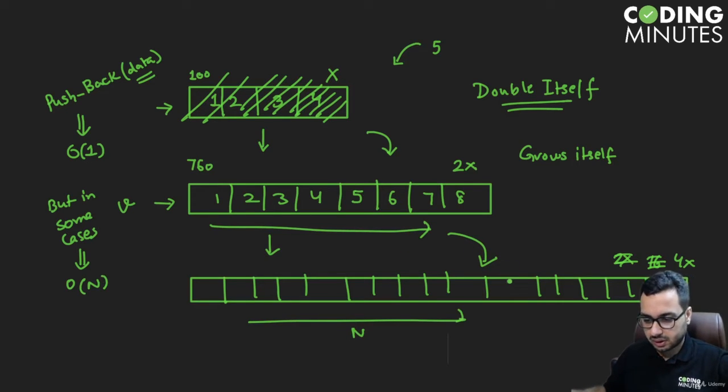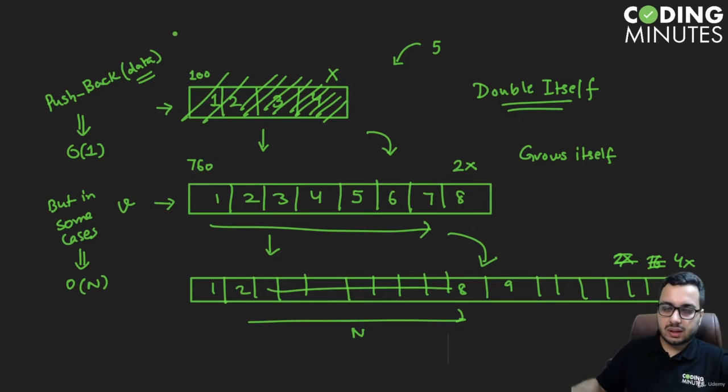Then you are going to insert 9 in the vector. Okay, so that's why it's going to be order n in some cases. But what we can do, we can find out the average time complexity or the amortized time complexity on an average, how much it is going to take.